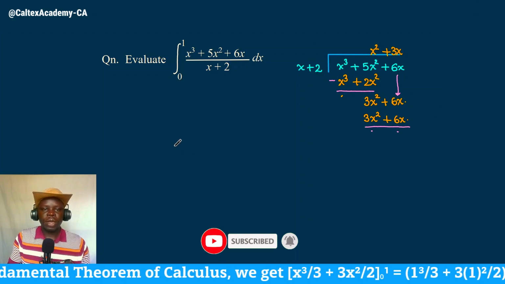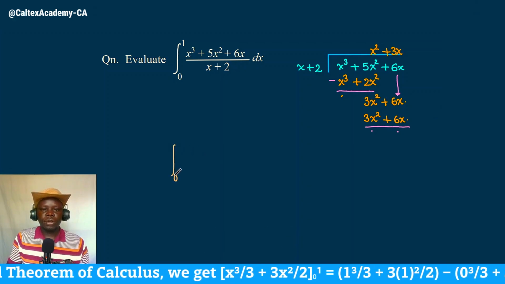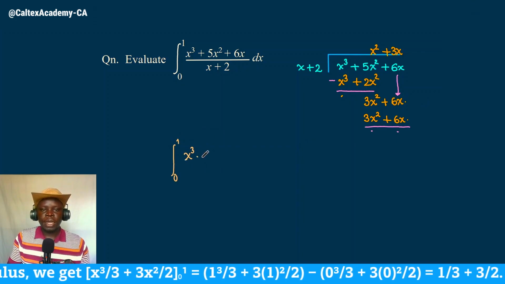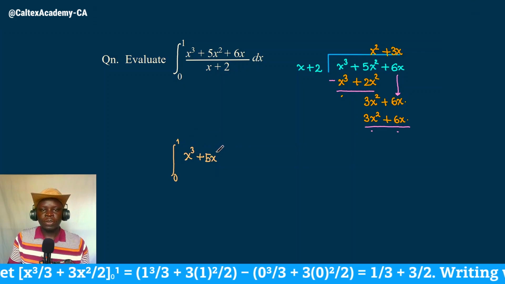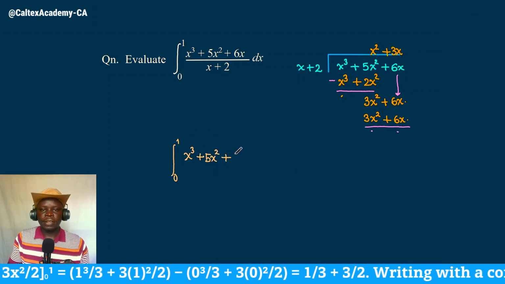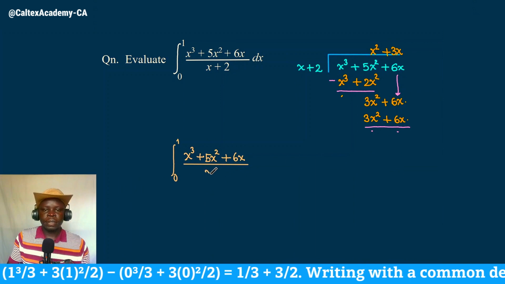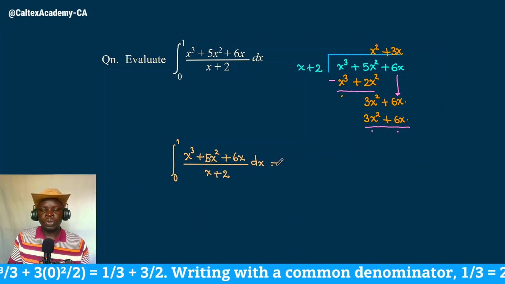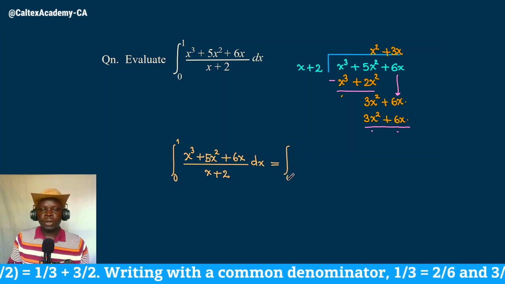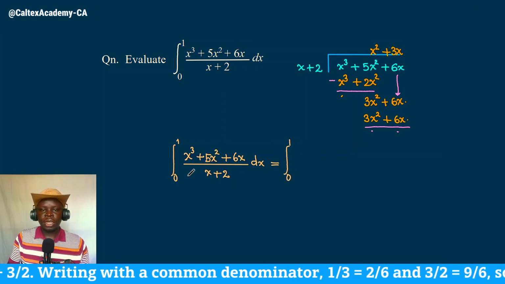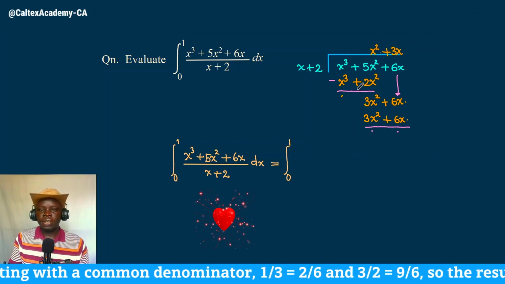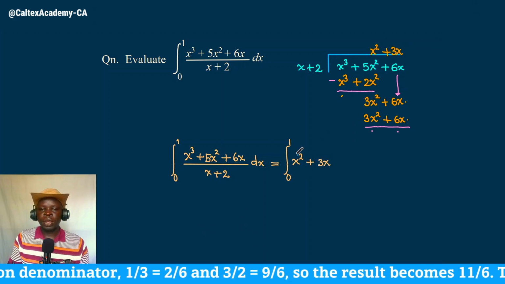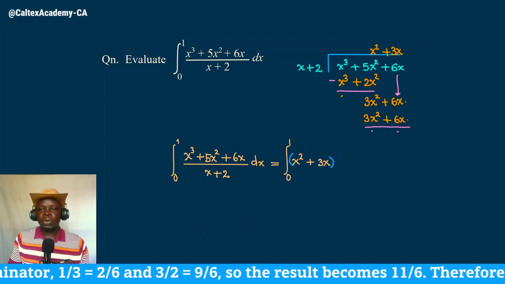When we integrate from 0 up to 1 of x cubed plus 5x squared plus 6x, divided by x plus 2, with respect to x, this simplifies to the integral from 0 to 1 of something smaller, that is x squared plus 3x, with respect to x.